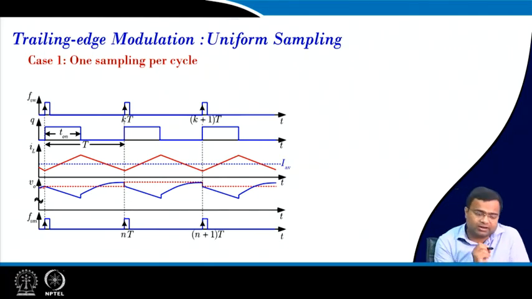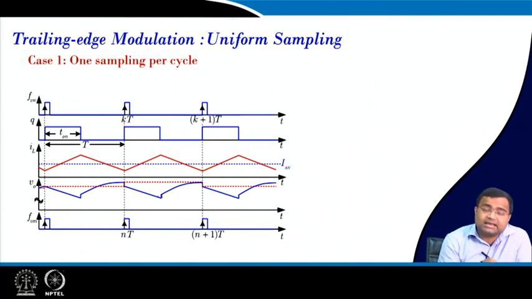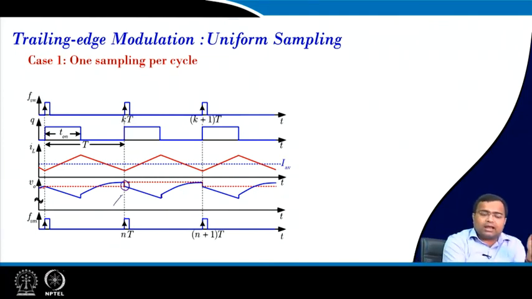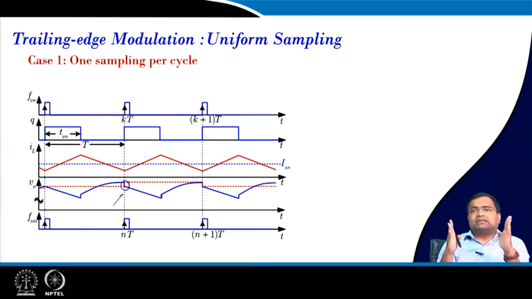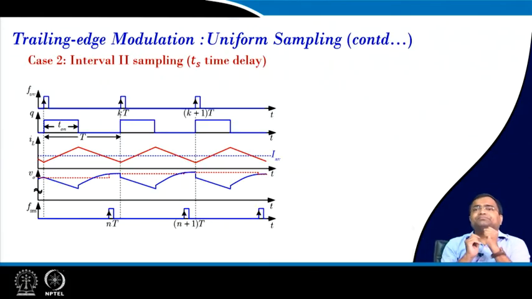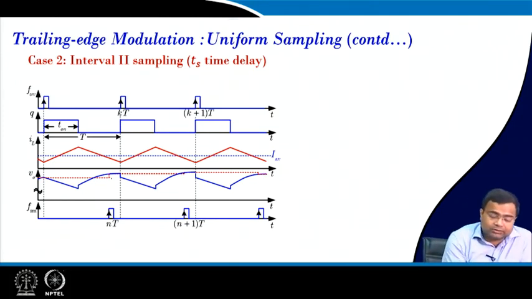Now this is a practical boost converter, and the practical boost converter has an ESR jump. So it is not recommended that you take the sample here, but it is just for starting the concept. We are, as if, taking one sample per cycle, but practically you should introduce a delay. That means you should take the sample earlier than the switch turns off.